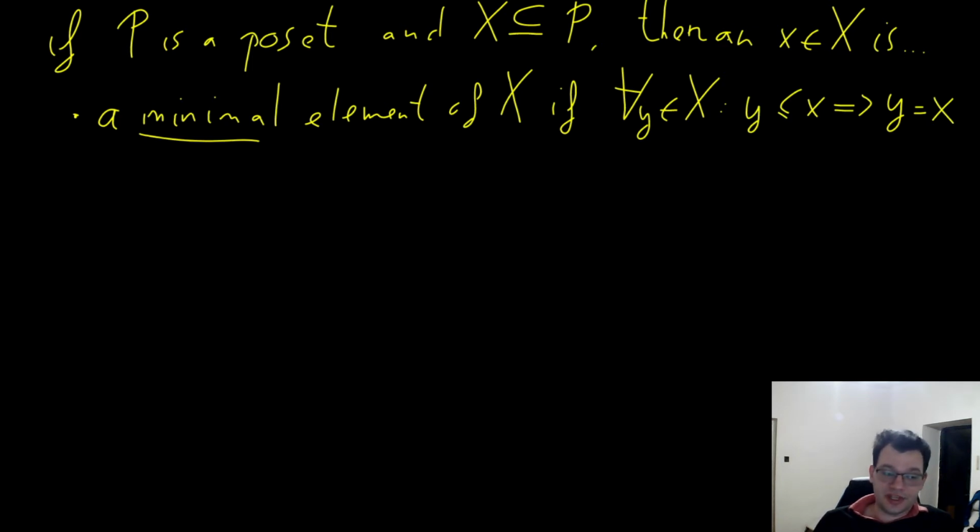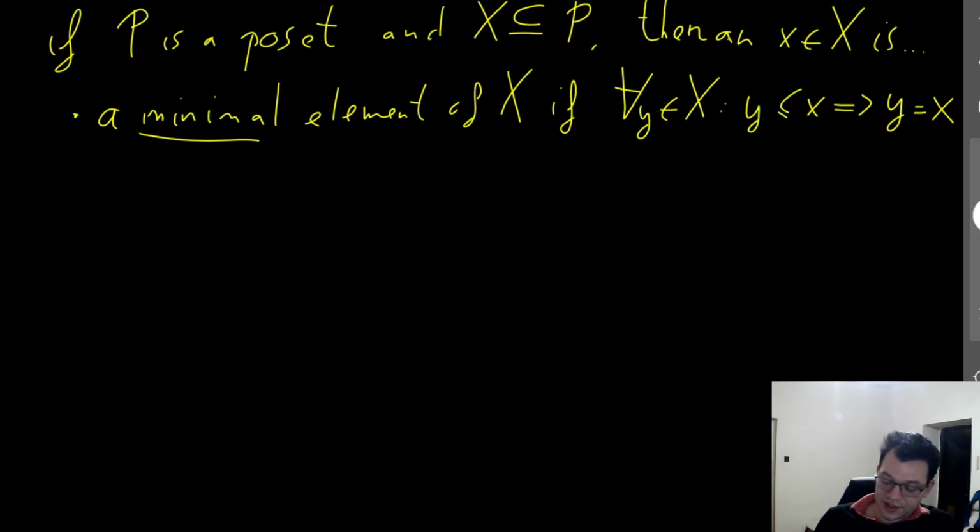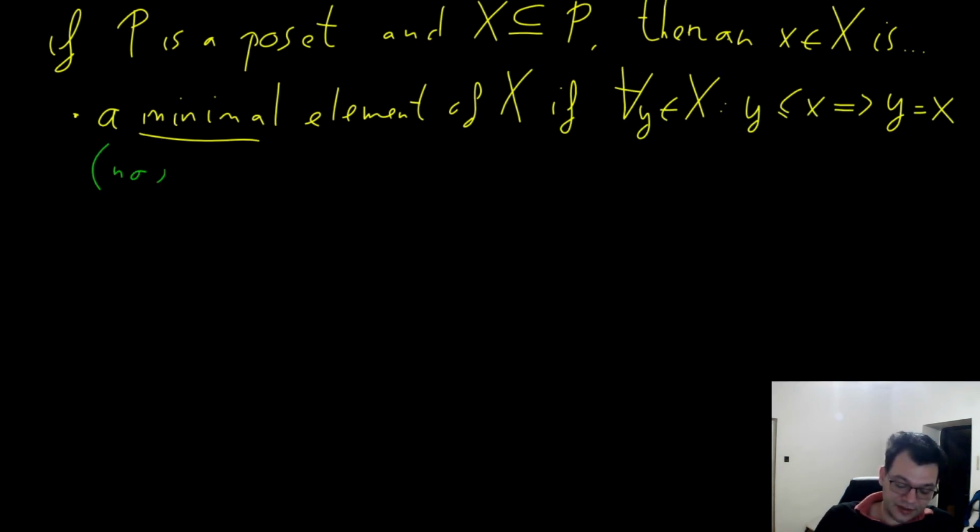Now this is the same, but it doesn't use an explicit negation, which is fine. So basically it says that no elements within X lie below x.